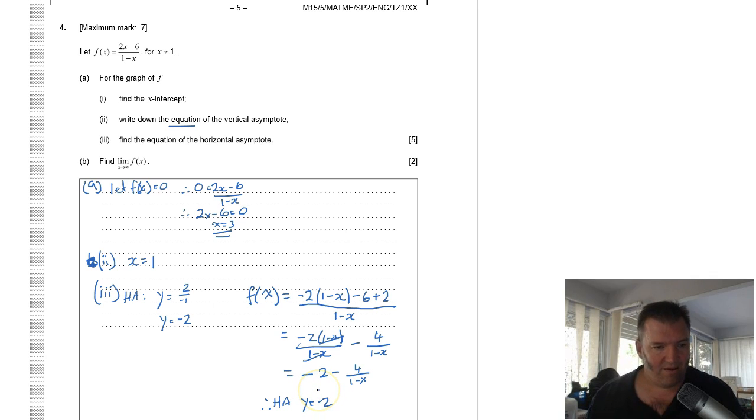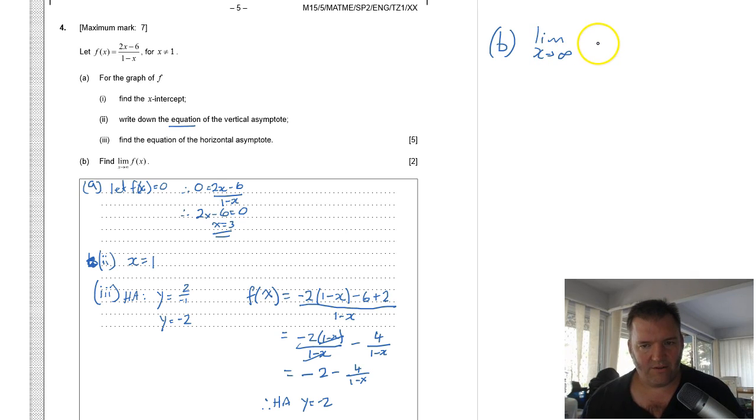And we're done. Finally, find the limit as x approaches infinity of f of x. A few ways you can do that. You can do it algebraically, or you can do it using your calculator and having a look. I'm going to do it both ways. Limit as x approaches infinity.